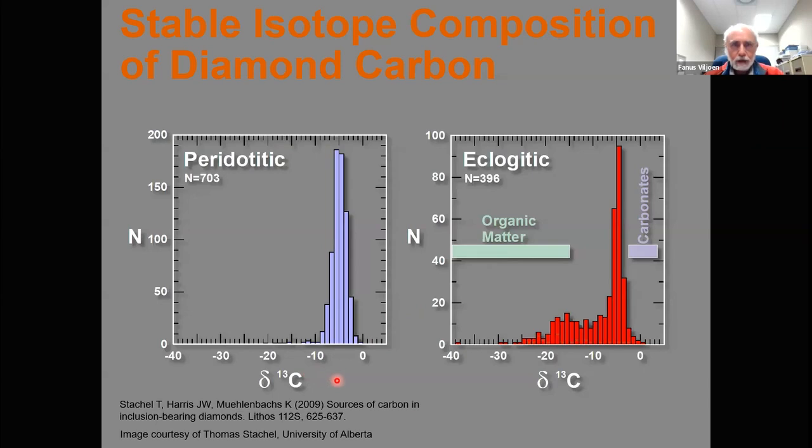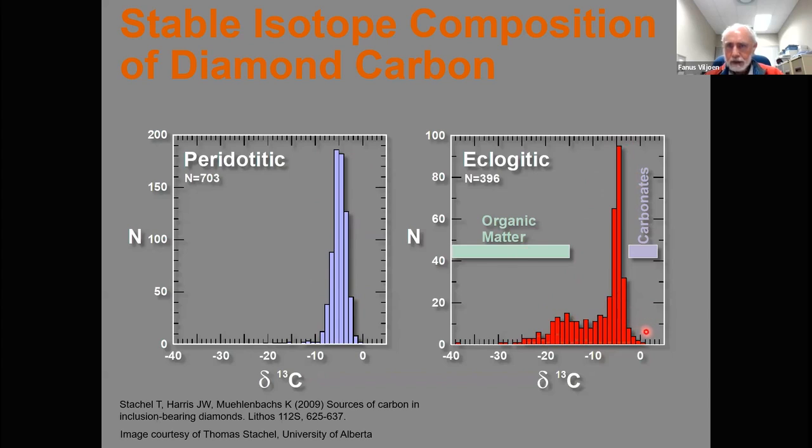If we do this for peridotitic diamonds, you find that the carbon isotopic composition is comparatively restricted. If we do this for eclogitic diamonds, you find that the carbon isotopic composition is of quite a large range. And some of this carbon isotopic composition corresponds or overlaps with the carbon isotopic composition of organic matter.